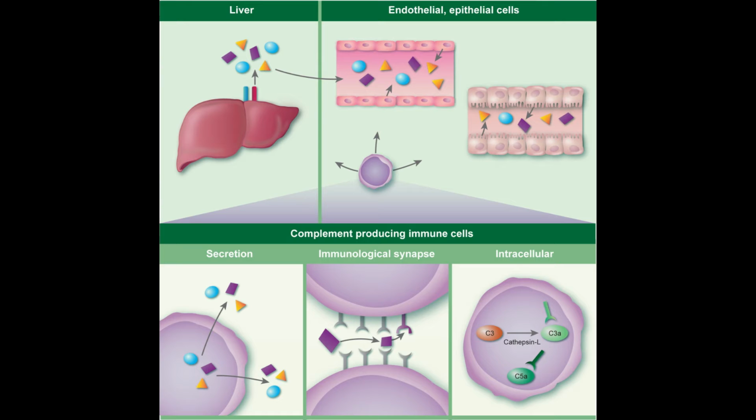C2 must be within a 60 nanometer radius of bound C1s for cleavage to occur. Binding of C2 to C4b can occur in the fluid phase, but C4b attached to antigen is much more efficient in accepting C2. This serves to keep the reaction localized.